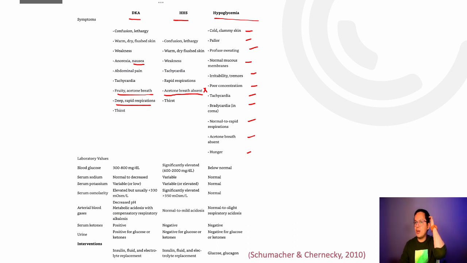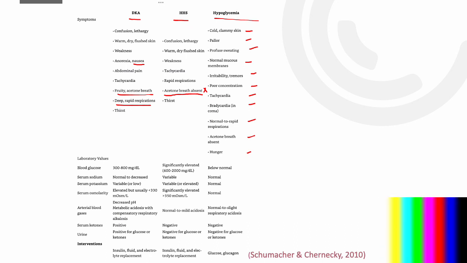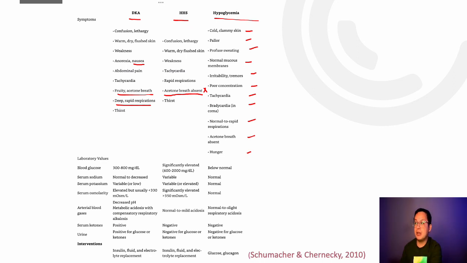The problem with hypoglycemia is that the patient can go into a coma. In DKA, the patient can also go into a coma, if not treated. Blood glucose for patients with DKA is 300 to 800. For HHS it is 600 to 2000, and hypoglycemia is below normal.